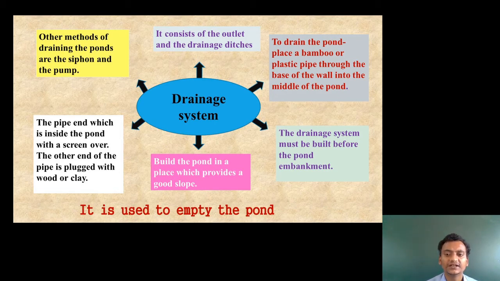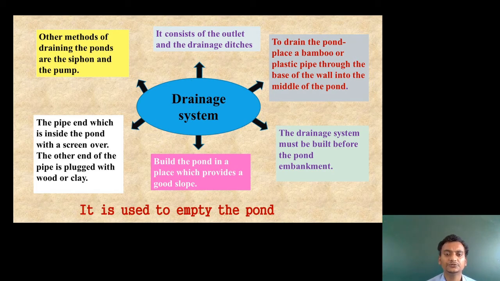The drainage system must be built before the pond embankment. Build the pond in a place which provides a good slope. The pipe end inside the pond is covered with a screen, and the other end is plugged with clay or wood, and it is used to empty the pond or remove the water from the pond.